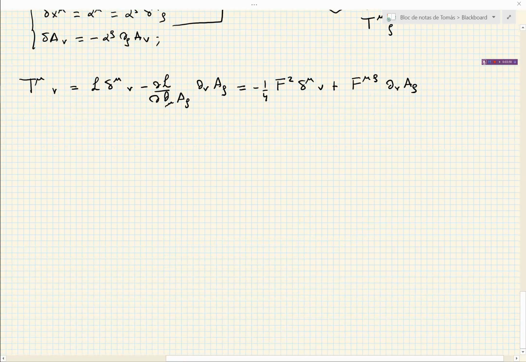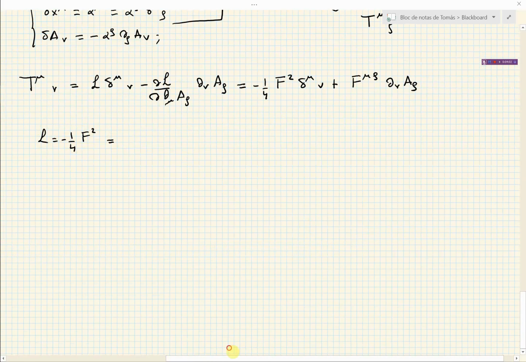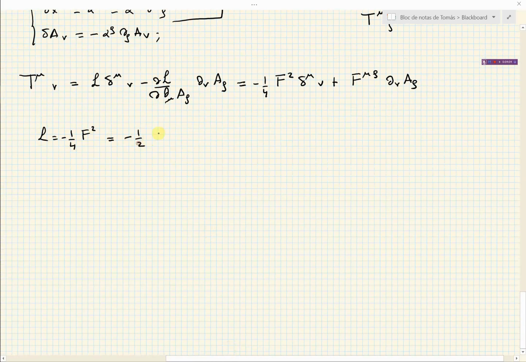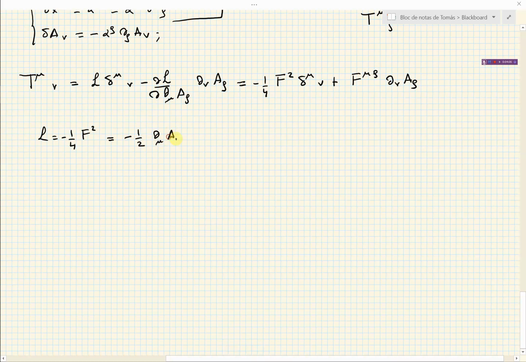So how did I do this calculation? Remember that we can write L as minus 1/4 of F squared, so this is minus 1/2 of partial_mu A_nu F^mu nu. This is one way of writing it, where I use that F_mu nu is 2 times this antisymmetrized, contracted with these indices, so the antisymmetrization here is implicit.